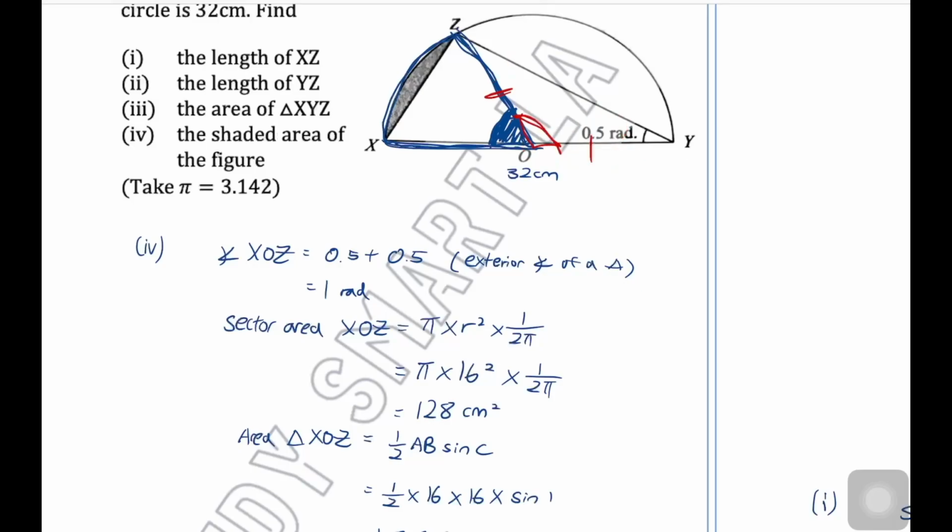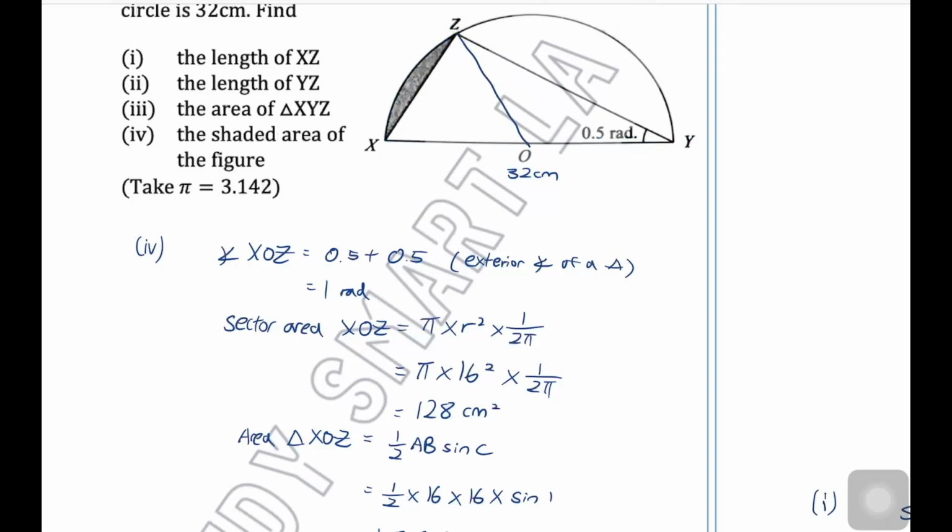Alternatively, what I've done over here is to use the exterior angle of a triangle, because OYZ is a triangle. It's getting a little messy, so let me just erase all this.